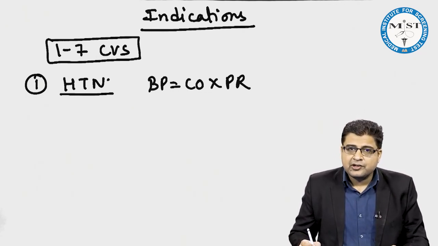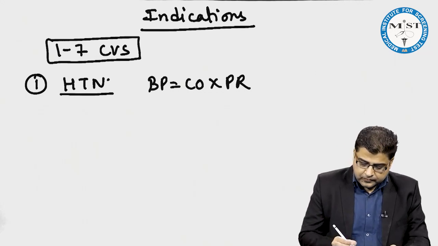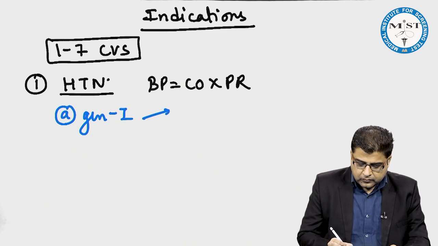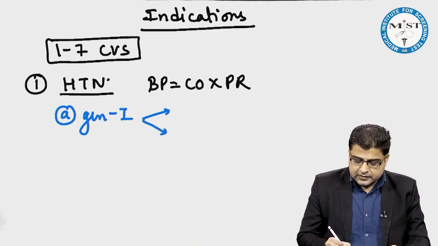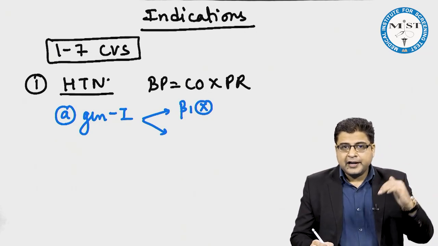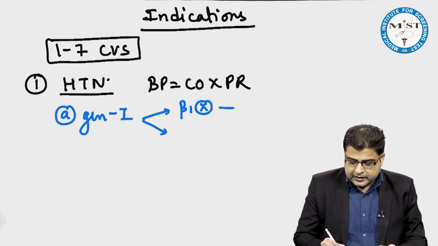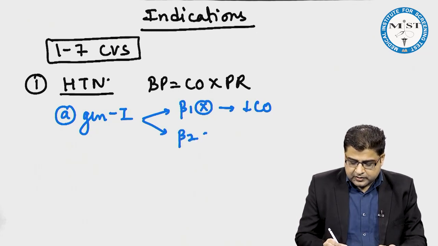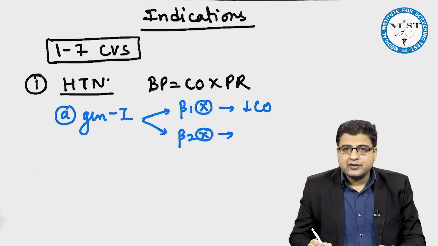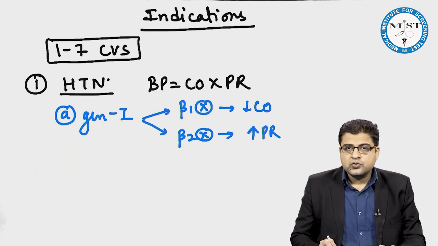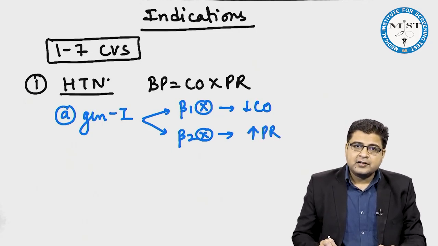So if we talk about generation 1 beta blockers, these medicines can block beta 1 receptor, therefore have a negative effect on the heart and can reduce cardiac output. But by blocking beta 2 receptor, these medicines can cause vasoconstriction and therefore increase peripheral resistance.